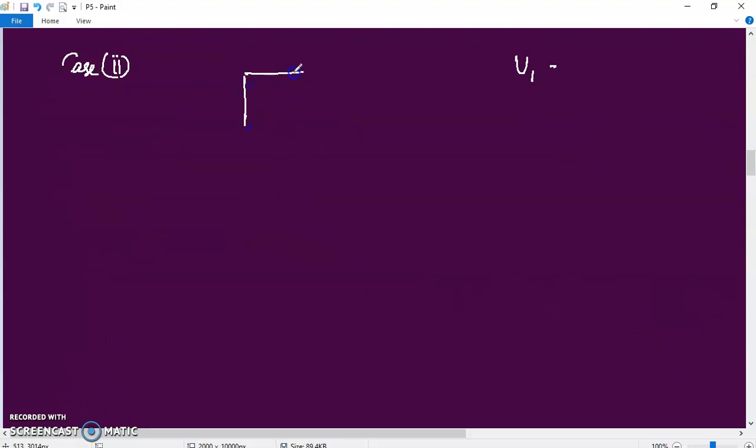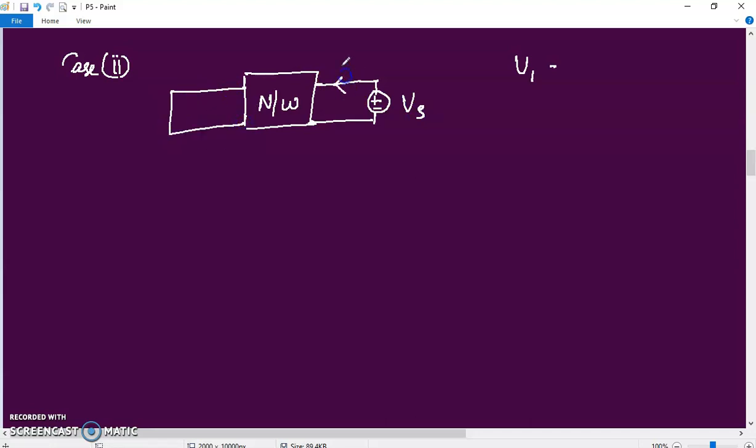This is the circuit. This is the two-port network. Here we have the source. This is Vs. Here we have the response. Here is I2. Here is I1. Here we have an opposite direction, I1 dash.